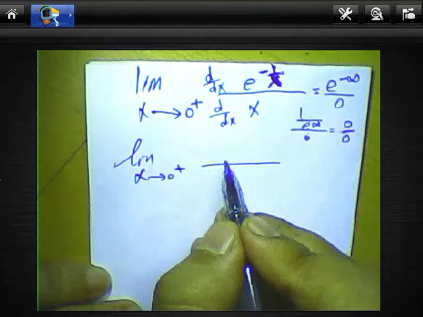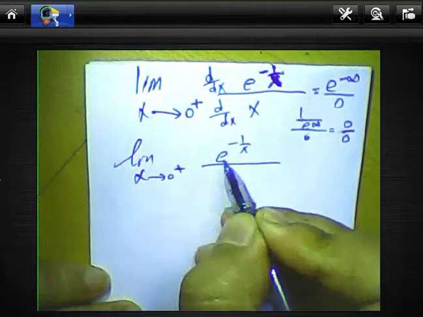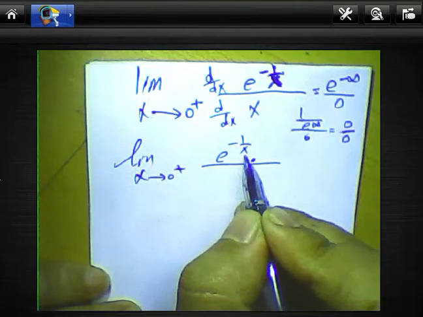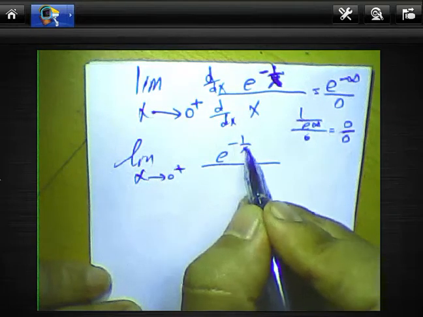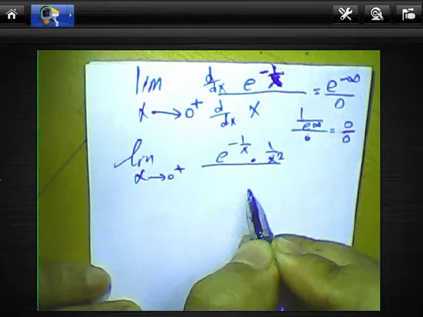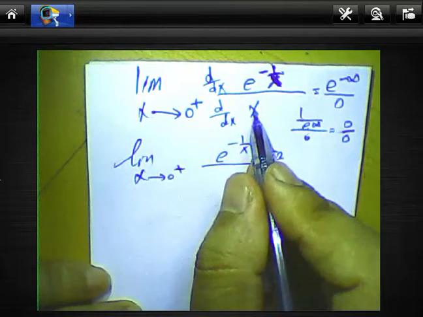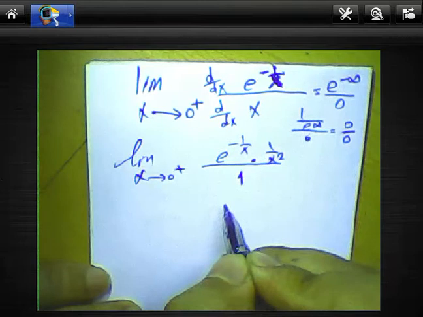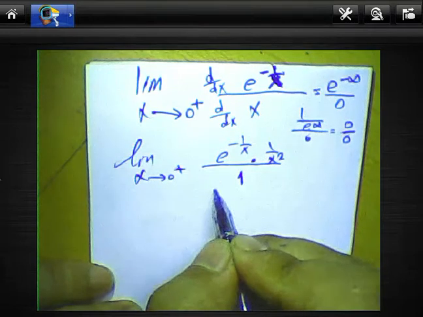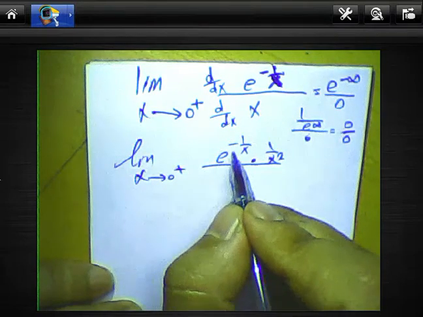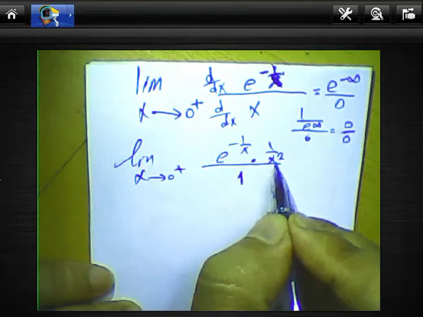We find the derivative of e to the power negative 1 over x multiplied by the derivative of negative 1 over x, which will be 1 over x squared, and the derivative of x will be 1. If you put 0 here, the result will be e to the power negative 1 over 0 multiplied by 1 over 0.